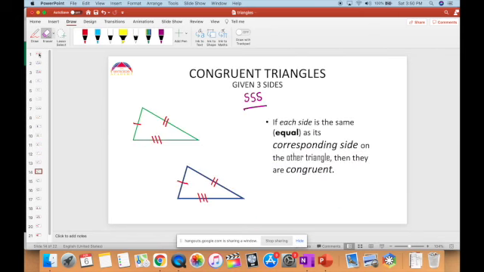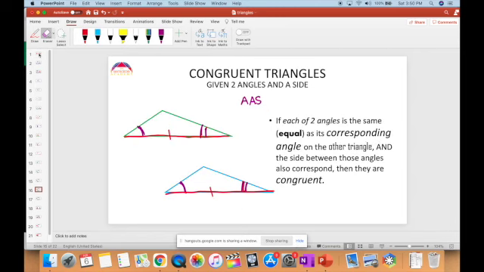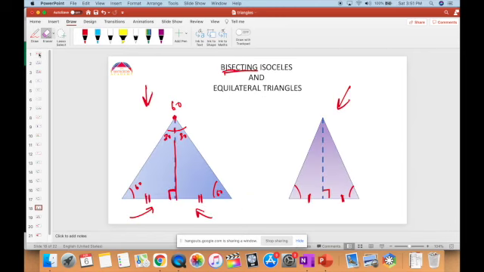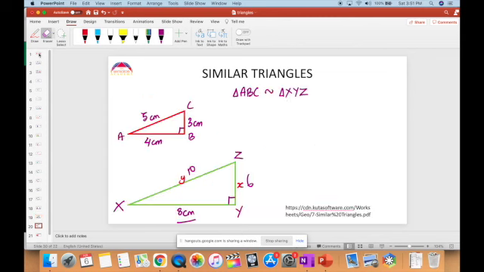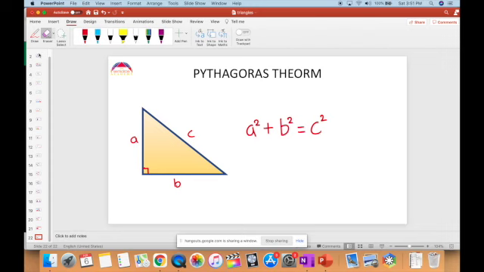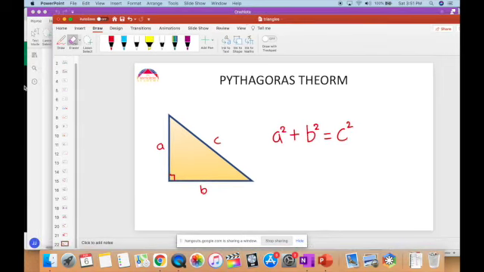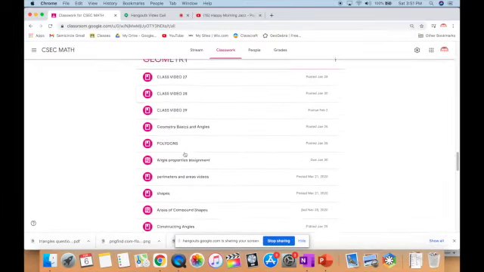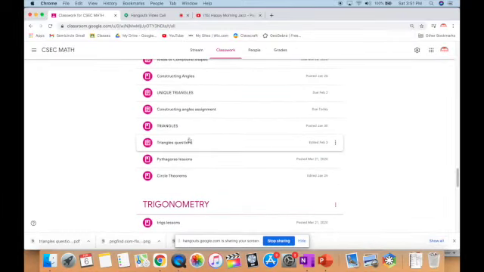We took a look at congruent triangles and the ways that they are the same. And then we took a look at similar triangles and then Pythagoras' theorem. So this is almost everything you need to know about triangles. In geometry, we just did triangles.